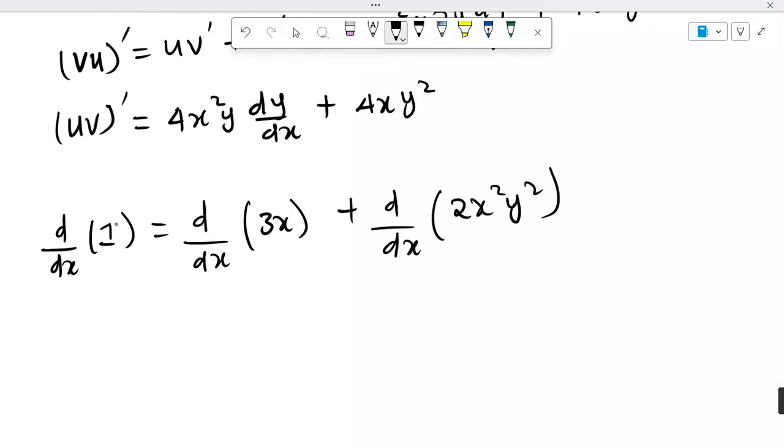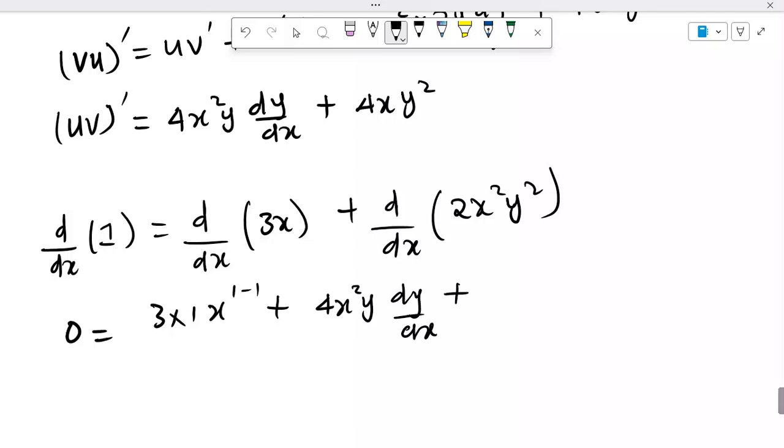Differentiating a constant, this is 0, equal to, so here we drop down the power, which is 1, so 3 times 1, then x to the power 1 minus 1, plus this function is this answer here. So we are saying 4x squared y dy/dx plus 4xy squared.